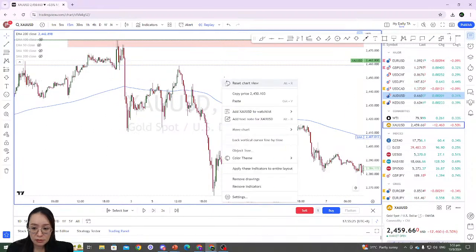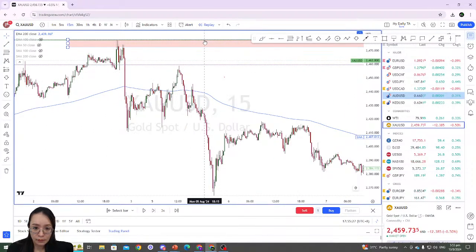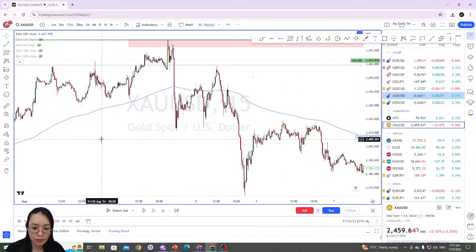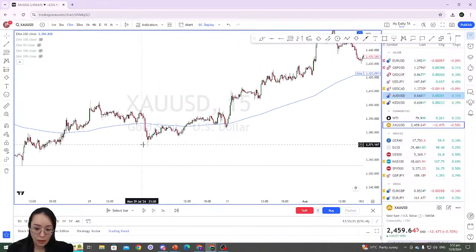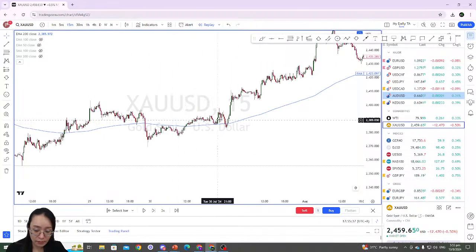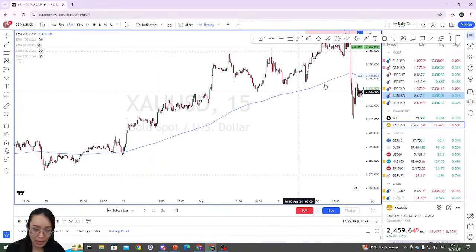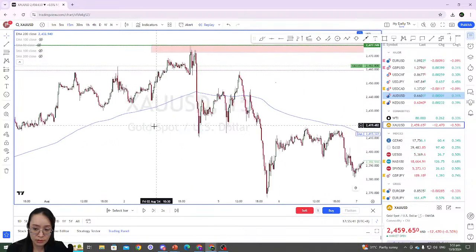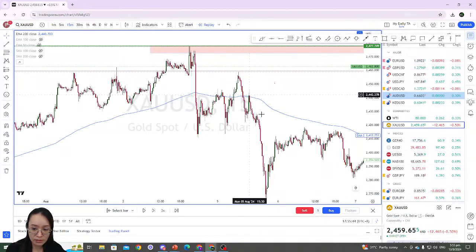Let's use EMA 200 in gold for M15. Once price breaks above, it's an uptrend, a really strong uptrend. Once it breaks below, it's a downtrend.